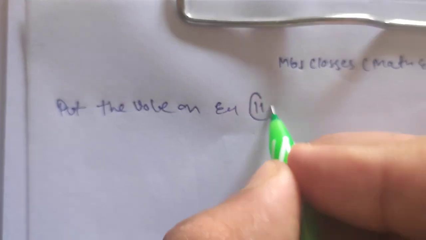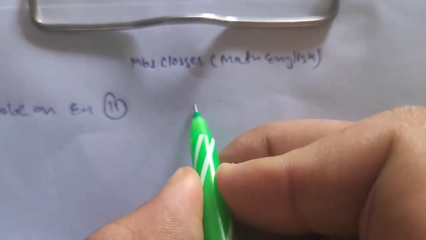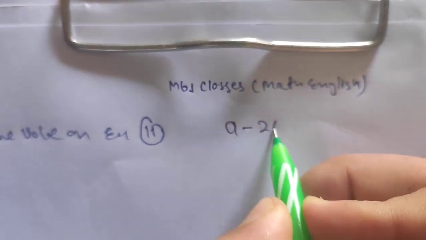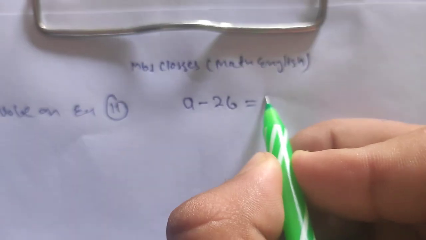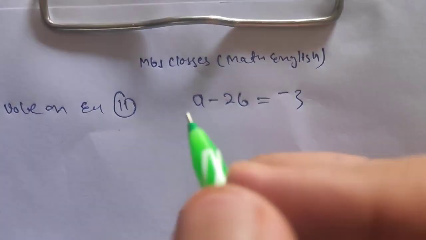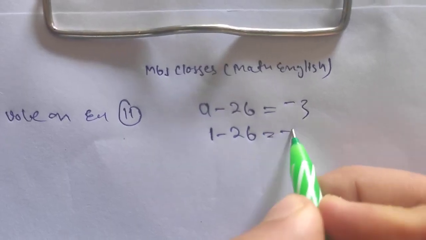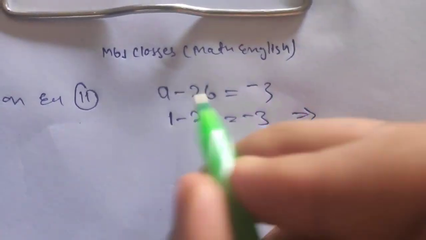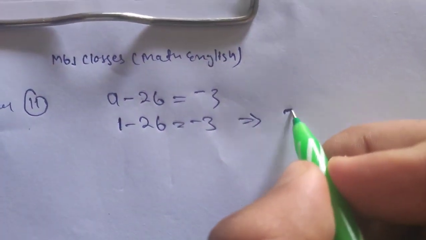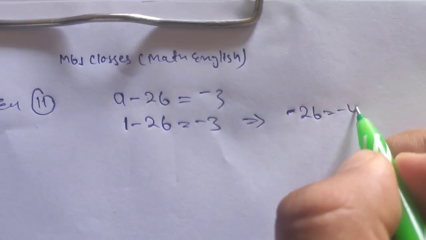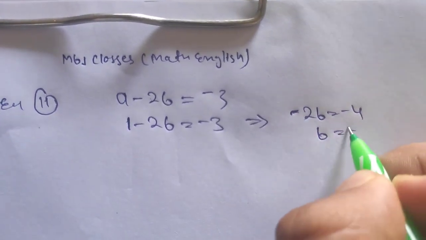I say equation 2, so equation 2 is a minus 2b equal to minus 3. So 1 minus 2b becomes minus 3, and this implies minus 2b becomes minus 4 and b becomes plus 2.